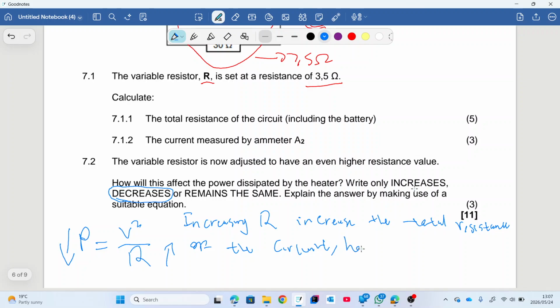it will hence reduce the total current flowing in the circuit.